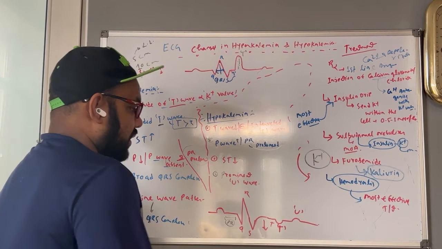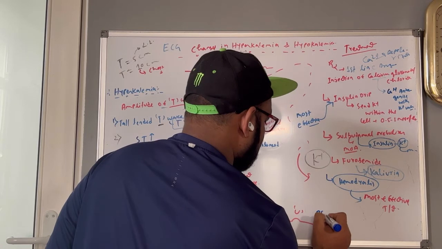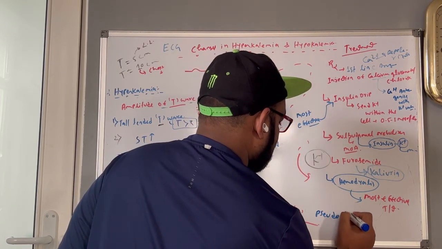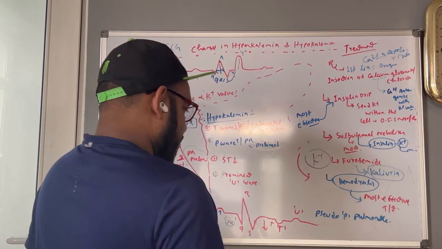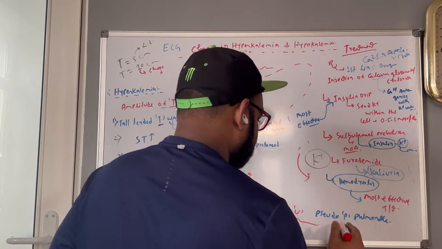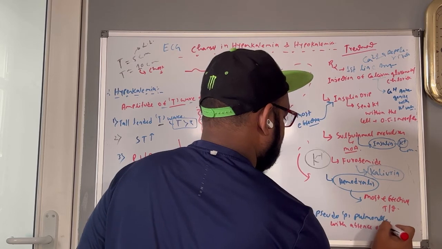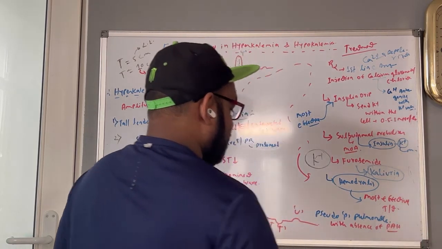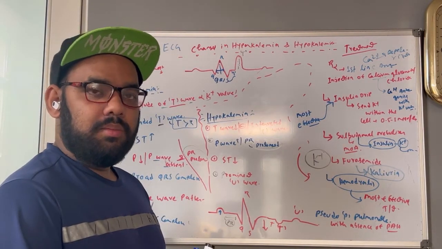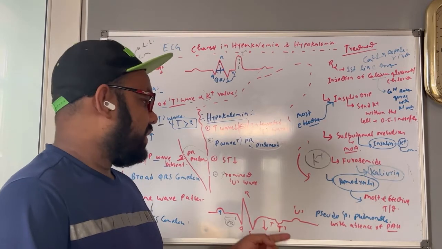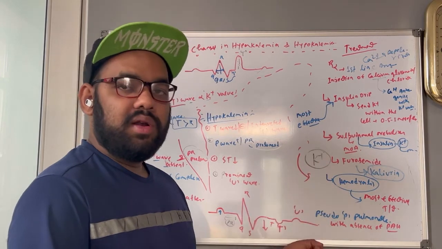That's why it is known as pseudo P pulmonale, with the absence of pulmonary artery hypertension. Normally in pulmonary artery hypertension we get P pulmonale, but in hypokalemia we get pseudo P pulmonale.